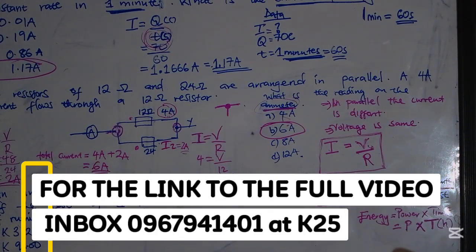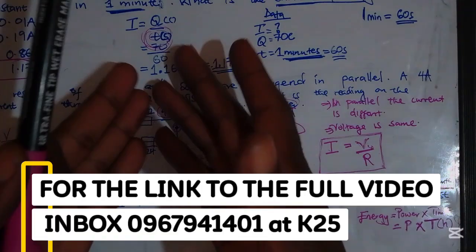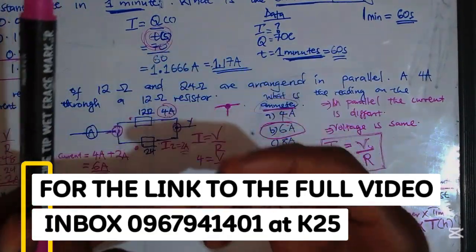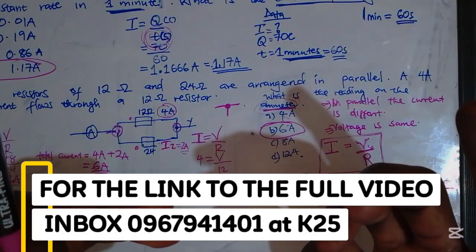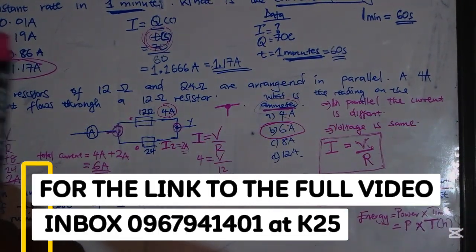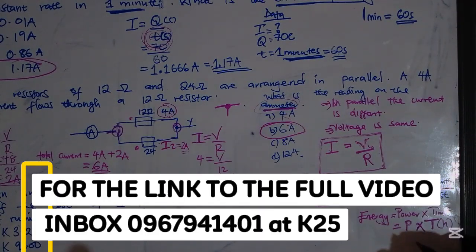So remember, the first t should be in what? In seconds, which is the smallest. The second T should be in hours. Yeah, it should be in hours. Then the power should be in kilowatts. Yeah, so power should not be in watts again. It should be in kilowatts.